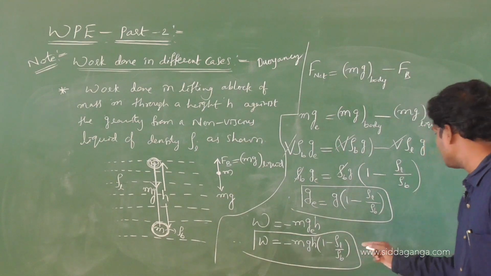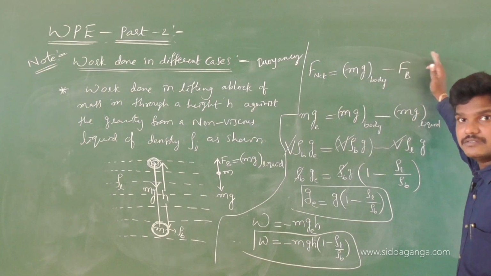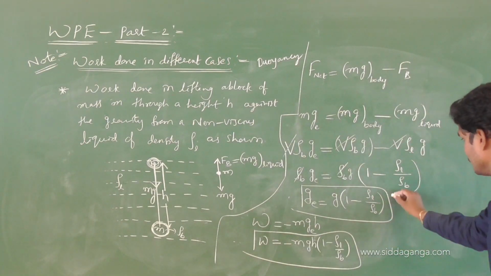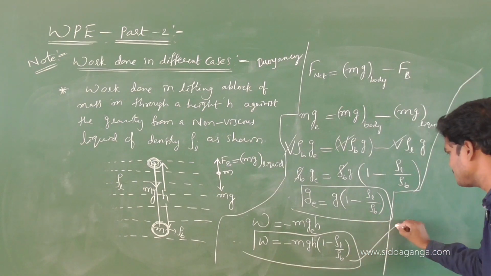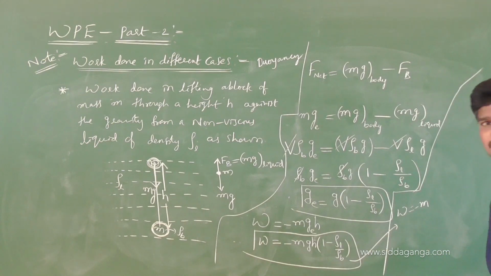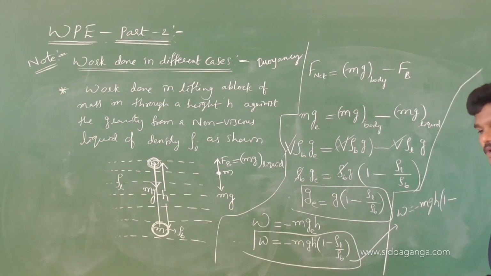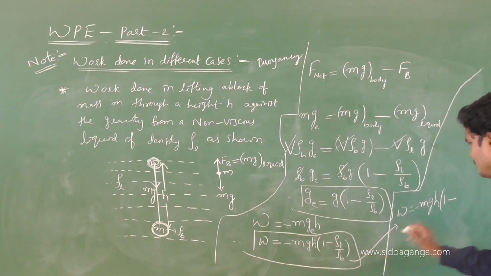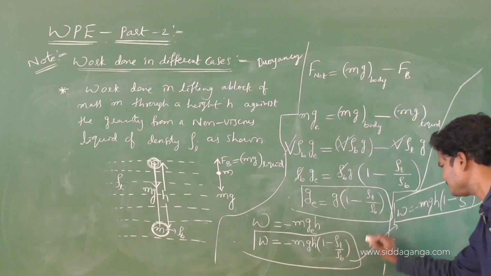We can write this in another format also. Let me write one more extra step. W is equivalent to minus mgh into 1 minus 1 by S. I have written one more symbol, S. What is this S?